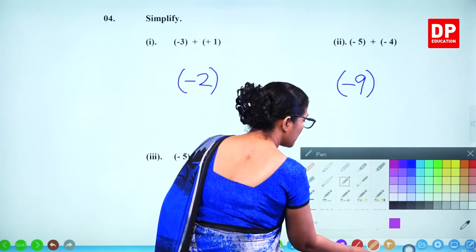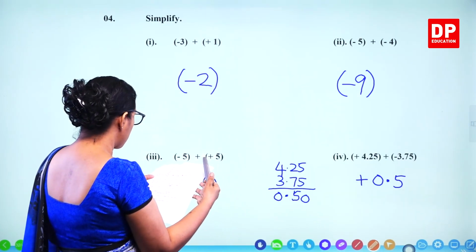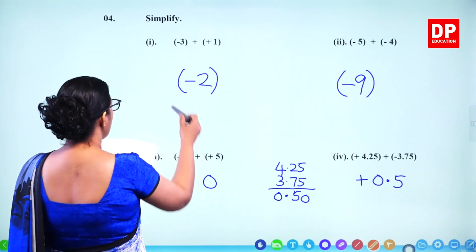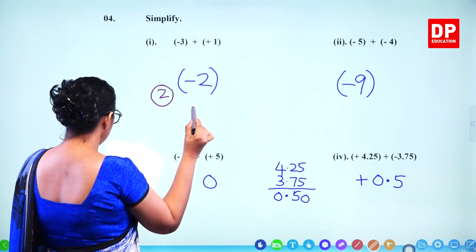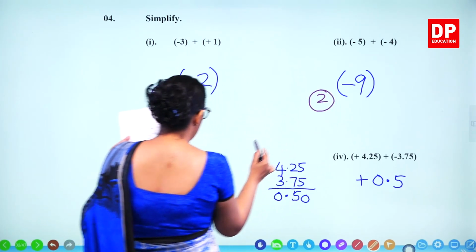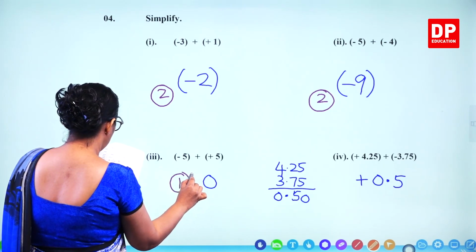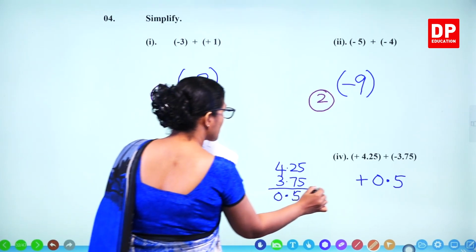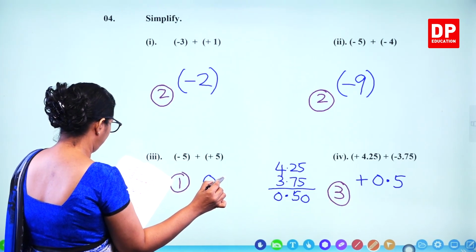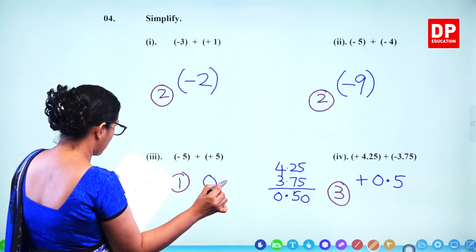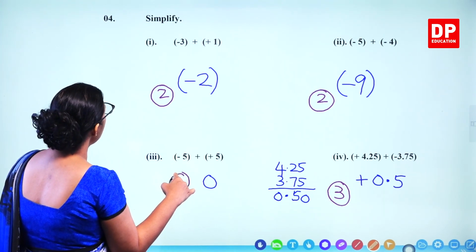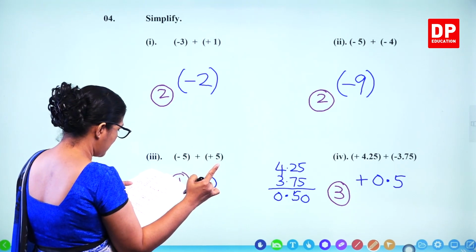So how many marks do you get? 2 marks for this one. 2 marks. And here 1 mark. And 3 marks for this one. So altogether how many marks? 3, 4, 5, 6, 7, 8. So one more part is there.